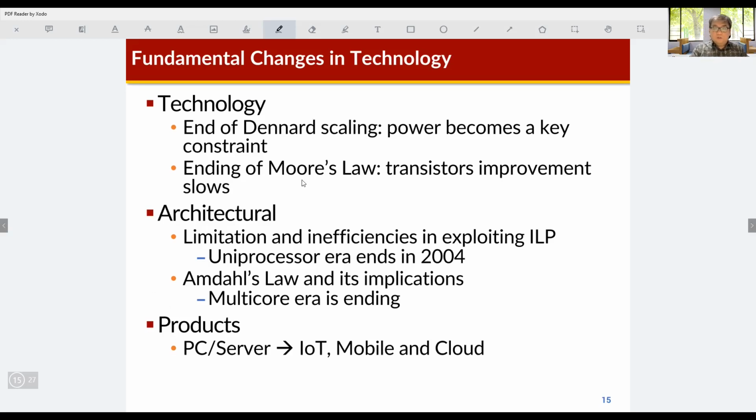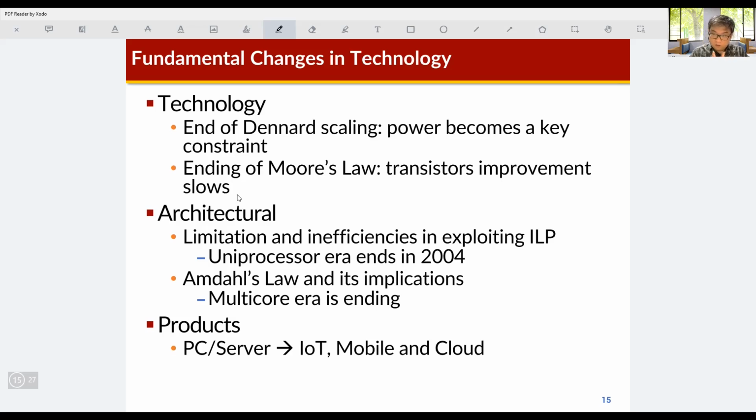Then the ending of Moore's law means transistor improvement slows. It's also critical. That is the technology trend. Recently Intel struggles to manufacture the new transistors, the ones that have a narrow channel length.